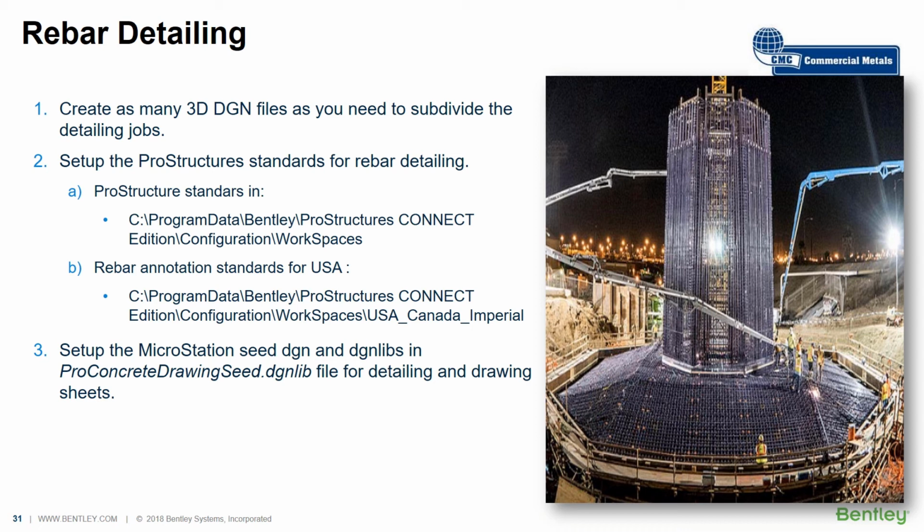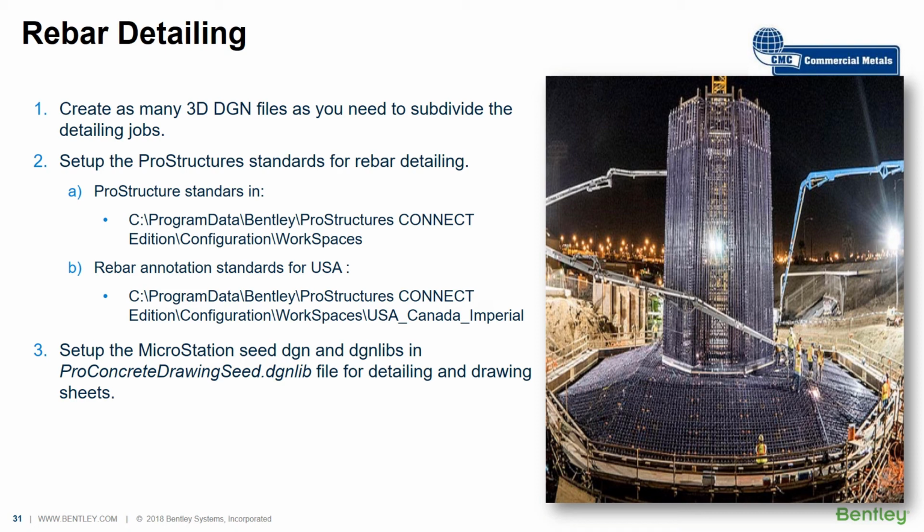So you just need to create, as I said here, a new 3D DGN file, right? If you want to create different jobs, like for example, you have maybe people working on different piers. You got 10 piers, so you may have 10 different 3D DGN files, right? For pier 1, 2, 3 to 9. And then reference that, reference my model, that particular pier.